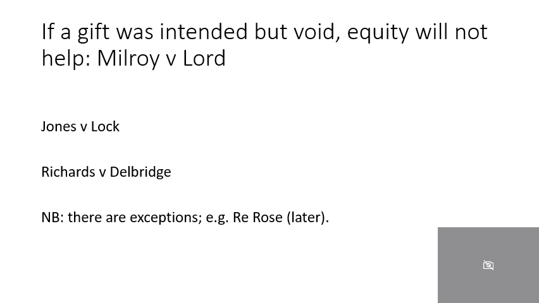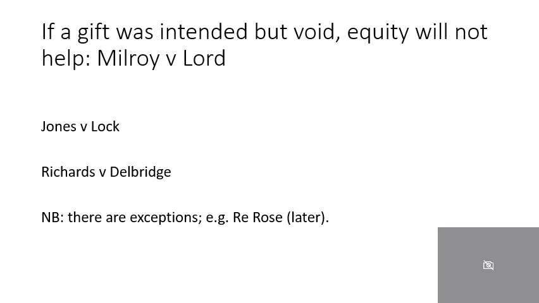Here, you have them. Now, the donor hasn't actually transferred title because the donor hadn't complied with the formalities. So the donee has these share certificates, but the donee is not actually entitled to the shares. There was a gift intended, but the gift was void, was imperfect, because the formalities to transfer title had not been complied with.